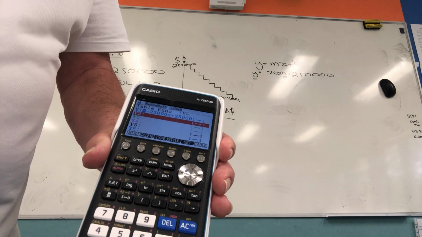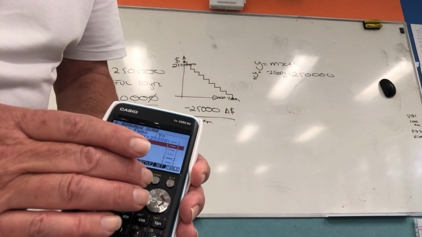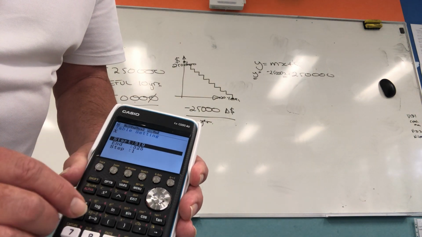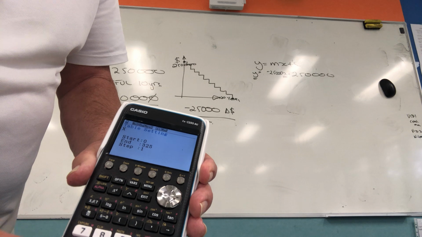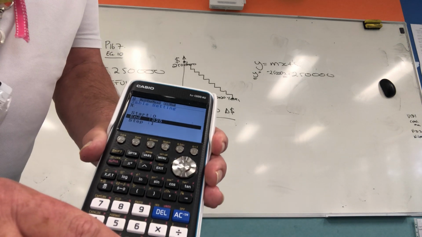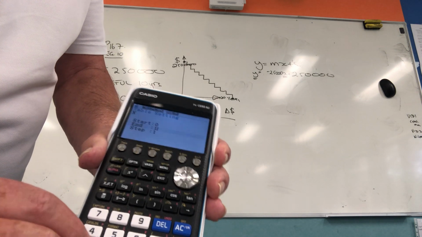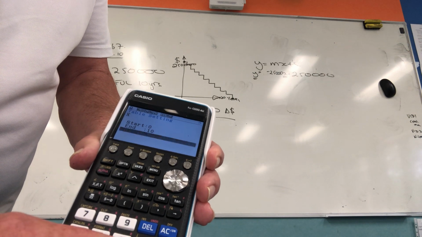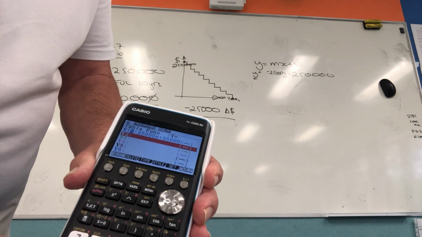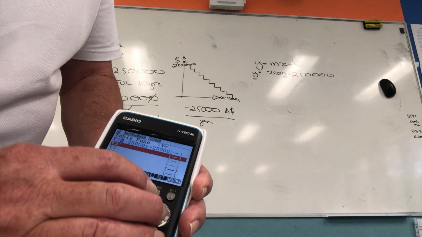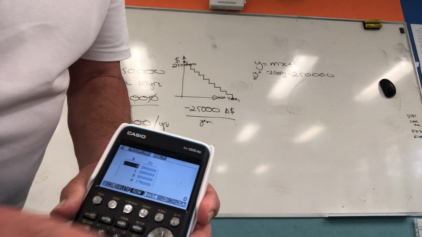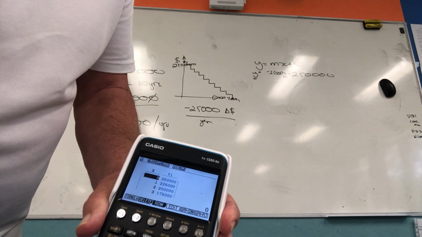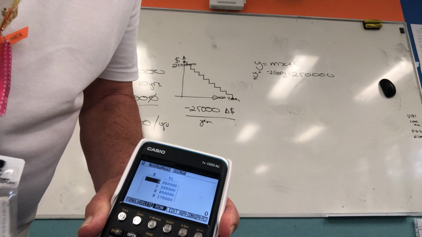Now, I have to set that up. So I hit set. I start at 0. Execute. I end in 10 years because that's what the question told me. Execute. Steps are 1. Execute. Draw the table. There it is for me. I'm just going to pause you while I put this on the board.